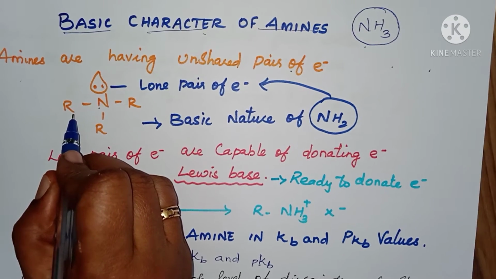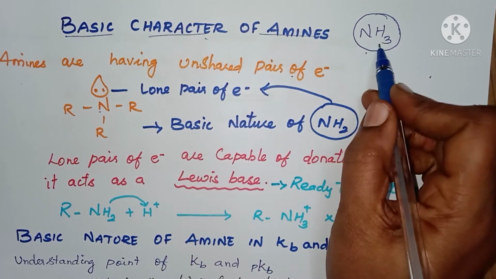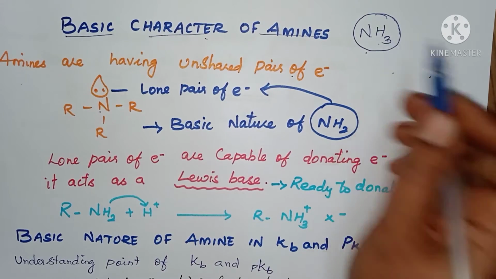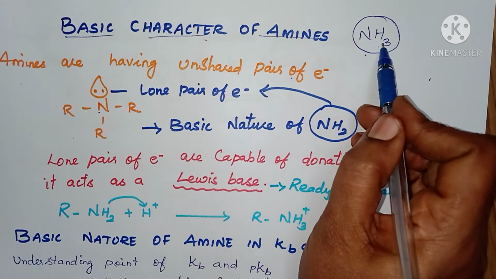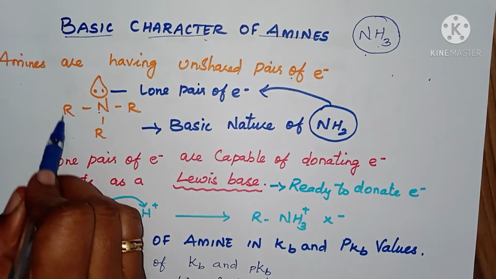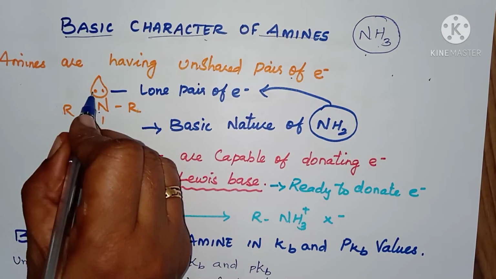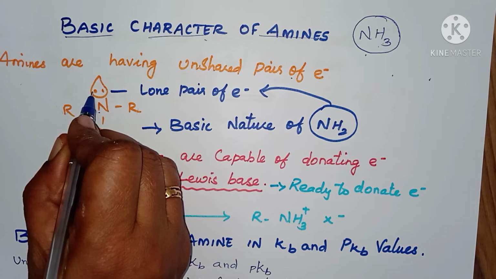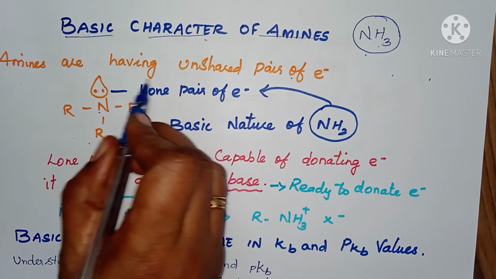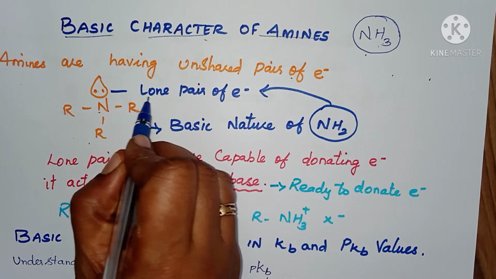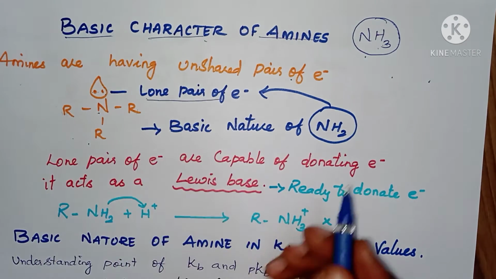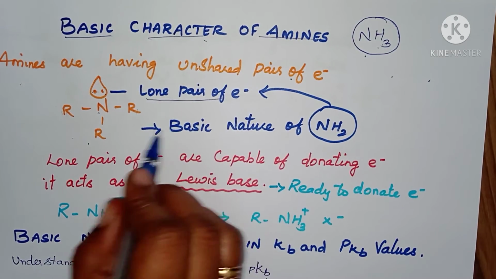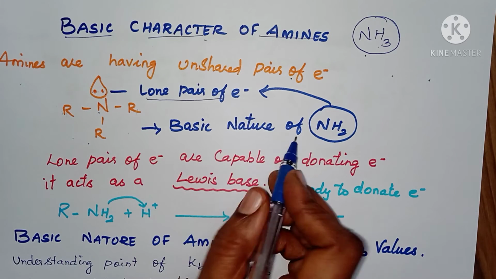In ammonia, the three hydrogens are replaced by three alkyl groups. The lone pair of electrons, two electrons, is unshared. So this is the basic nature of amine.